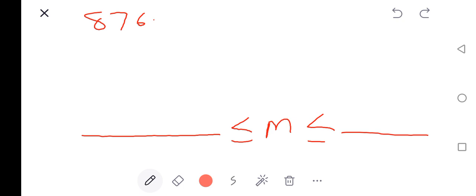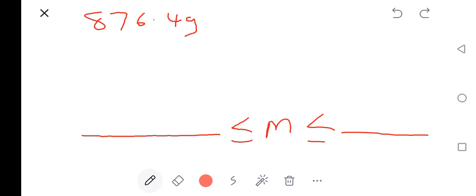Let me go back to my solving board. We have to complete this statement, and the number we've been given is 876.4 grams.